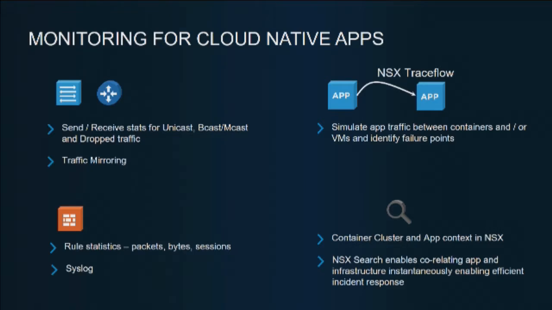But what's also interesting is this use case with NSX Search. NSX Search has the ability to mix data coming from the application platform and the infrastructure platform to really enable efficient incident response. So what we're really doing is, for all of the infrastructure resources, we're tagging them with application constructs.